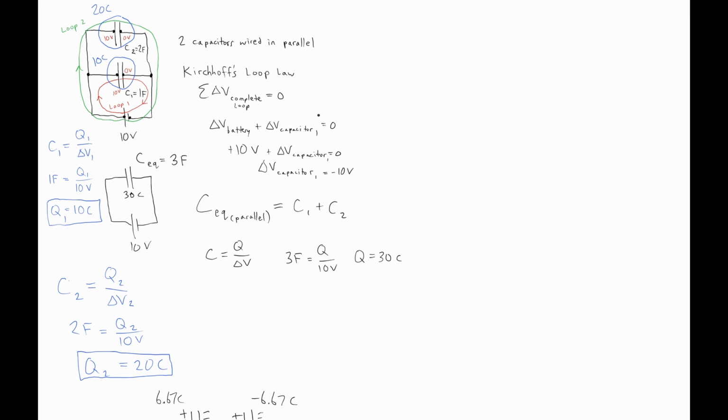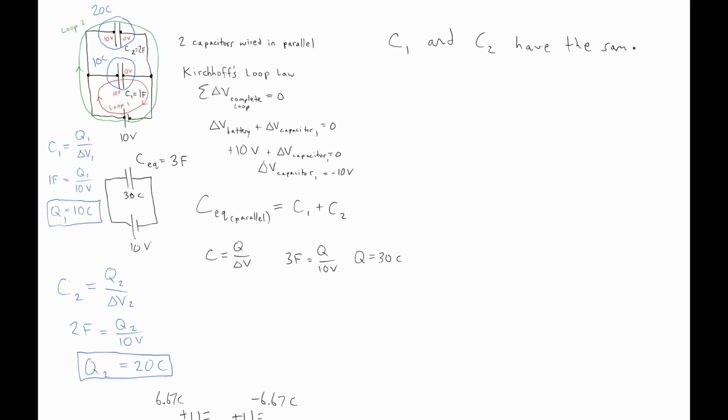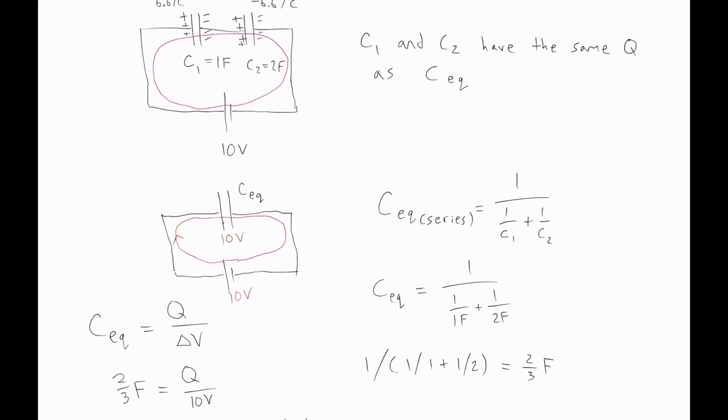We said in the previous situation they shared the same delta V. So C1 and C2 have the same delta V as CEQ. So that's just a little bit of the differences between capacitors in parallel versus series.